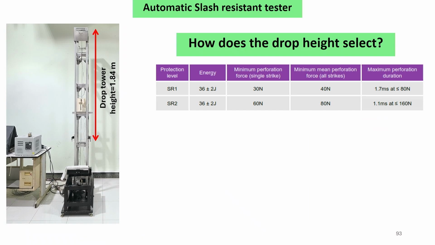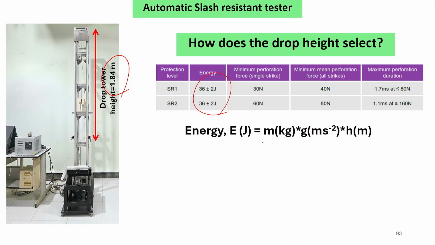So, how was the drop height selected here? We have selected 1.8784. The drop height was selected by back calculation, keeping the required energy at 36.